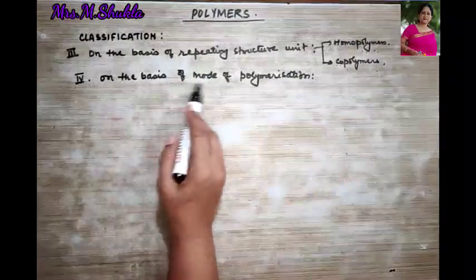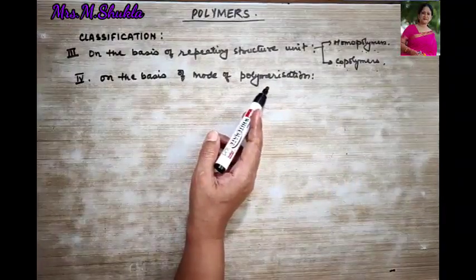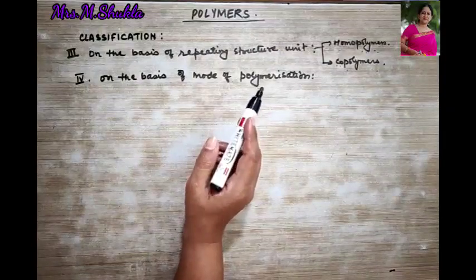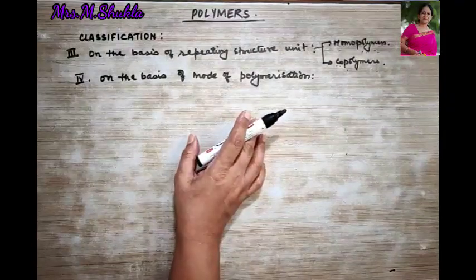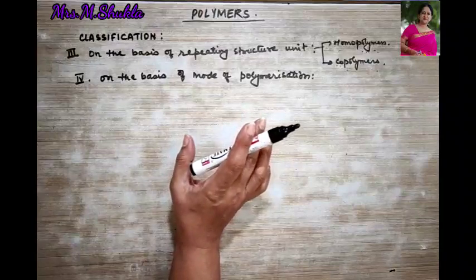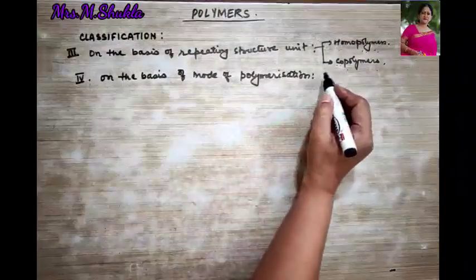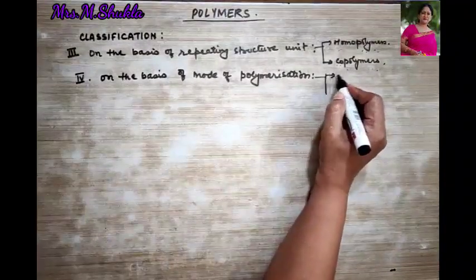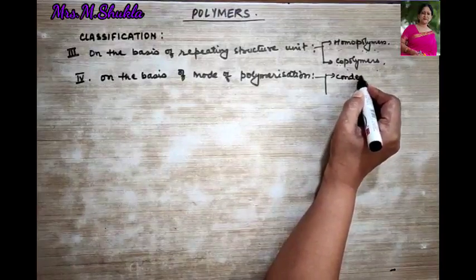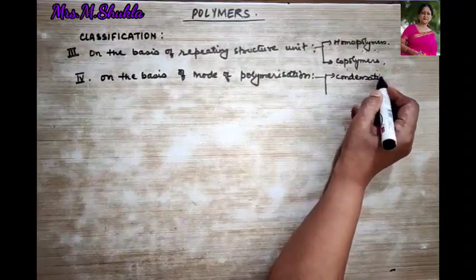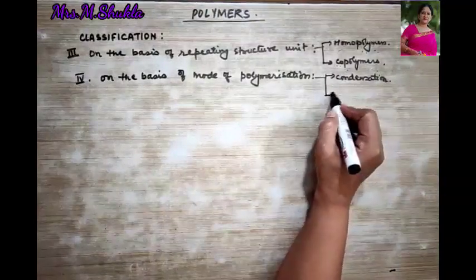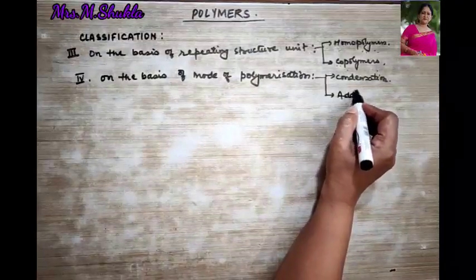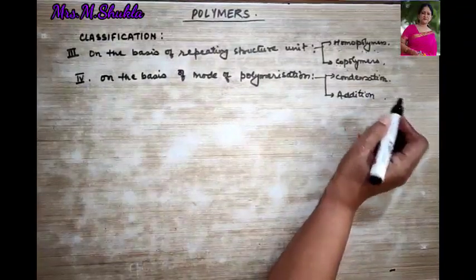Now coming to the basis of mode of polymerization, a large number of monomer molecules form the giant molecules through which two methods? They could be either through condensation, okay, or through addition. So this we are going to study just now.